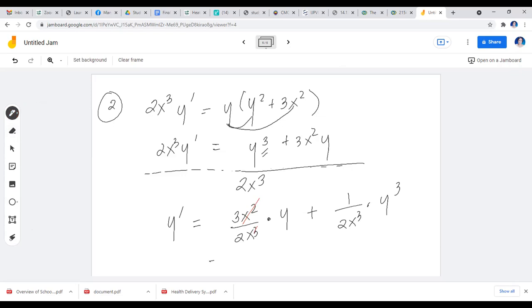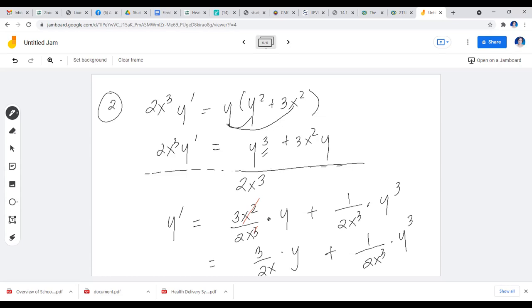So you will have something like 3 over 2x times y, and you will have here 1 over 2x cubed y cubed.